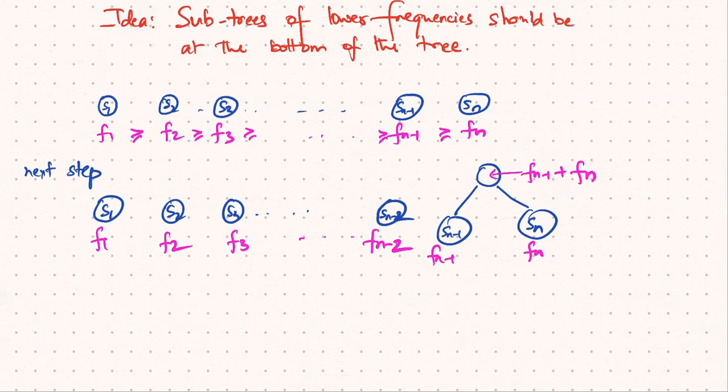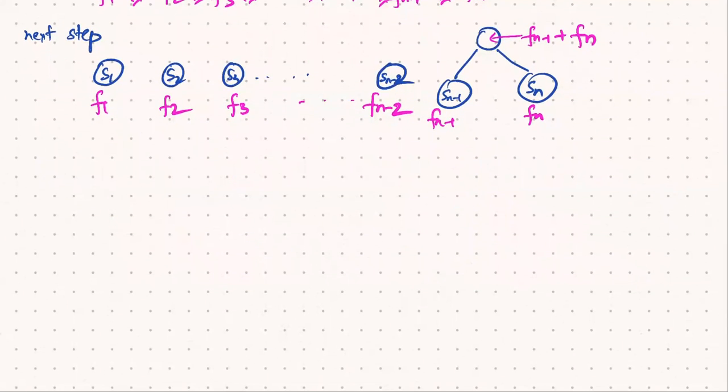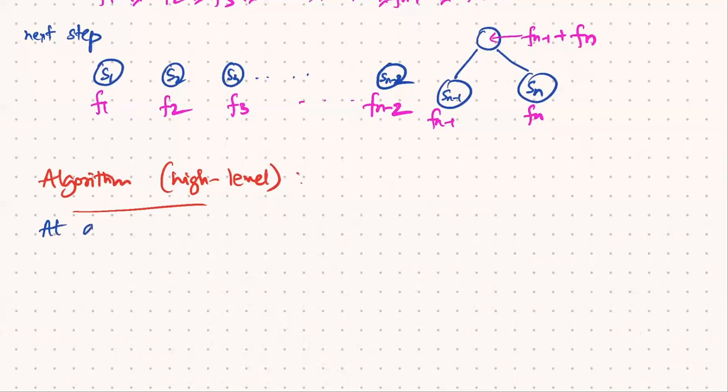So at a high level, we can say what is happening in each step of the algorithm. I'll just draw it pictorially. What we have is, at any given stage, some k subtrees, right? Some k number of subtrees. Okay. Initially, k would be n.